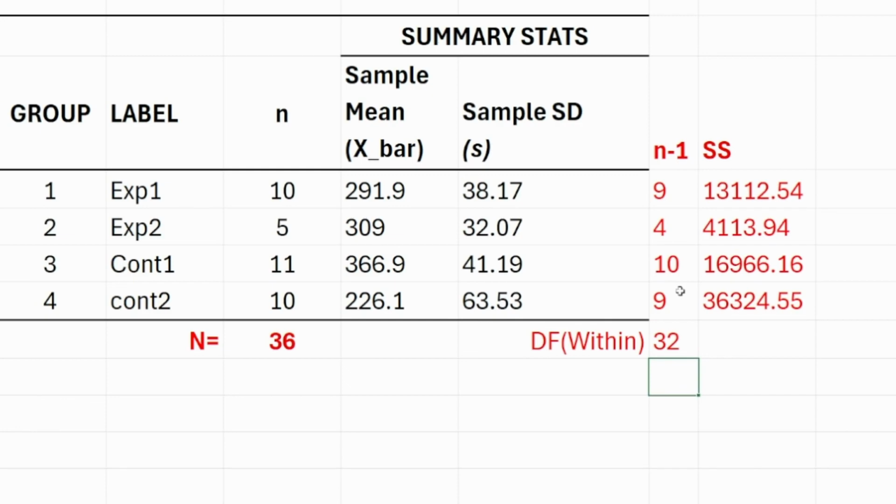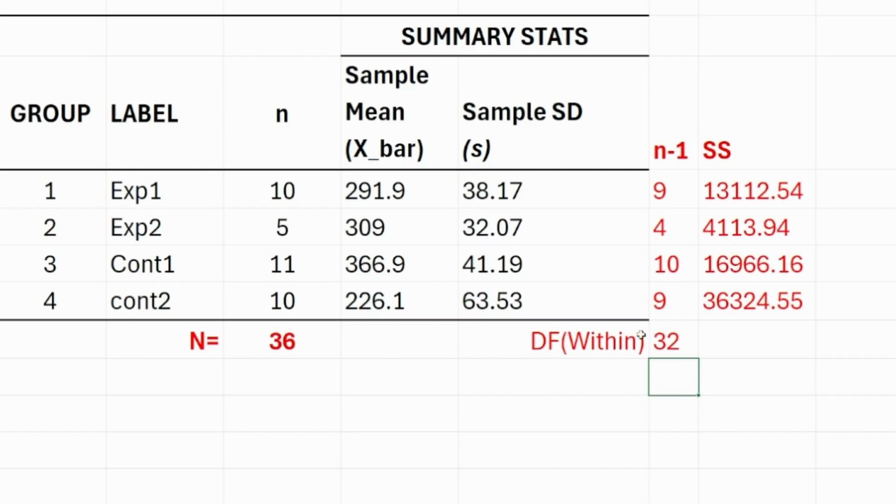You hit enter instead, and this is the degrees of freedom within. And to prove that I'm not lying, hey Siri, what's 9 plus 4 plus 10 plus 9? The answer is 32. All right, so you see I'm not lying. So that's the degrees of freedom within.